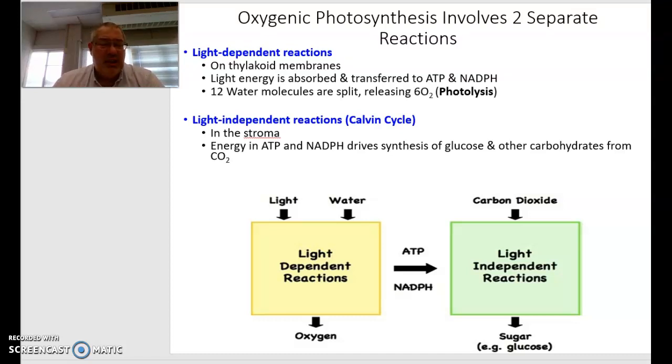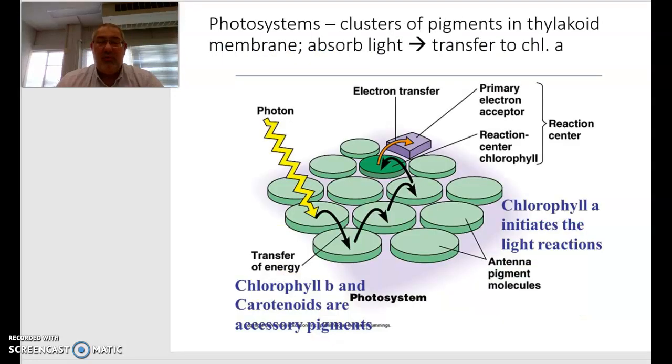So let's talk about the light-dependent reactions. They occur within the thylakoid membranes. They involve clusters of several hundred pigment molecules that are called photosystems. There are at least two photosystems in plants.